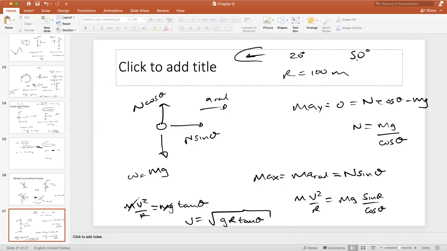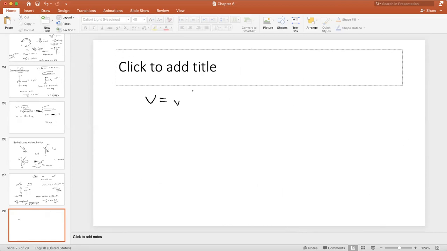Now, v is the square root of g r tan theta, and I want to do 20 and 50 and 85. So if r is 100, what are these v's? Square root of 9.81 times 100 times tan of 20.